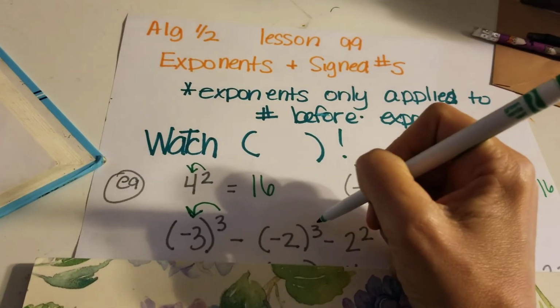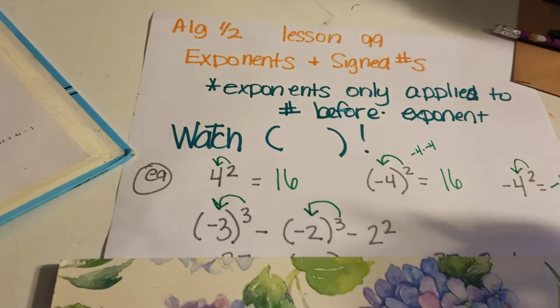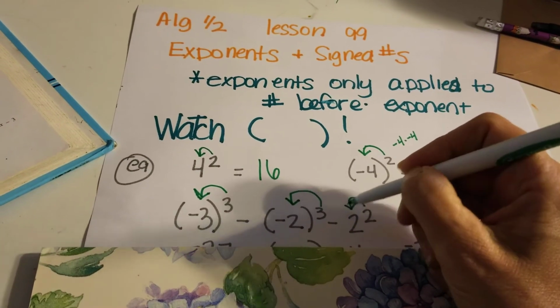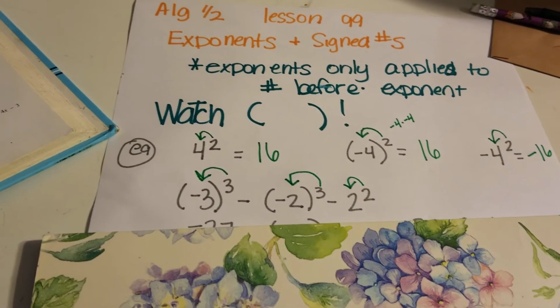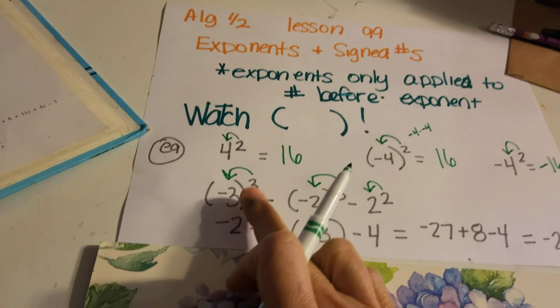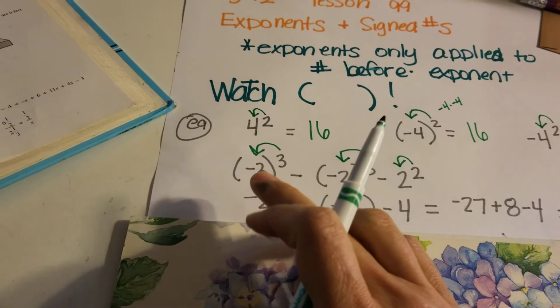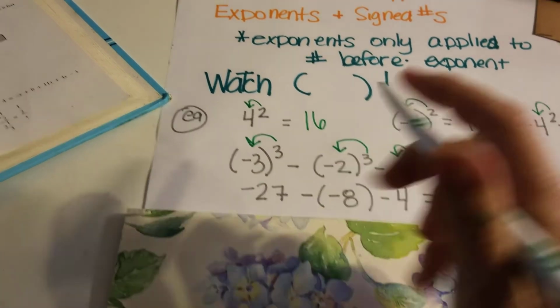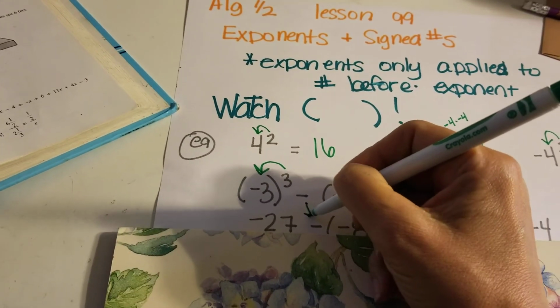The 3 here gets applied to the negative 2 here. And the 2 here only gets applied to the 2, not the negative, because it's not in parentheses. So we have negative 3 cubed, which is negative 3 times negative 3 times negative 3, which is negative 27. Bring down the minus right here.